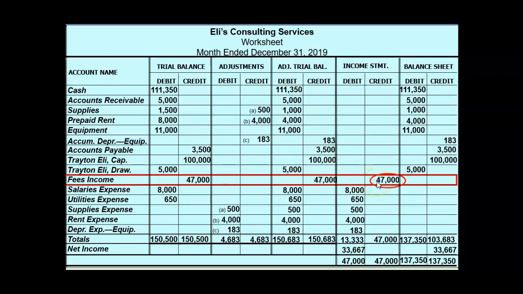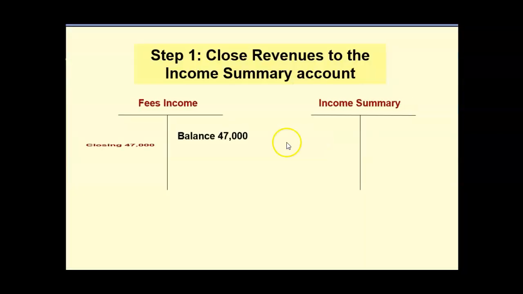Your job is to get fees income to a zero balance. Perhaps you're saying, how am I going to accomplish this task? Well, let me show you. So right now, fees income has $47,000 on the credit side. Your job again is to give the account a zero balance to close the account out.